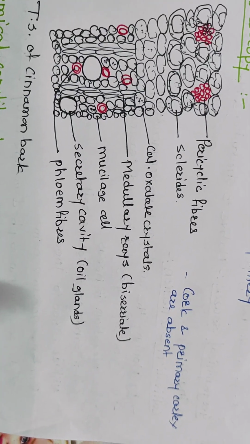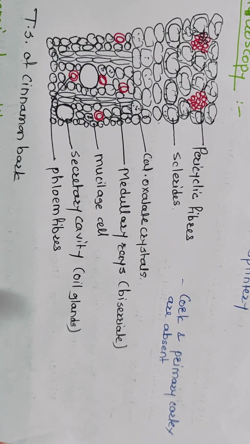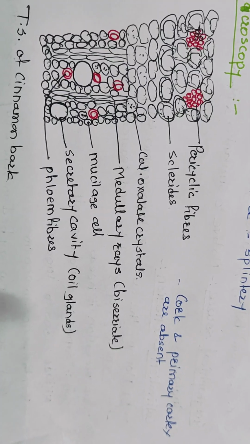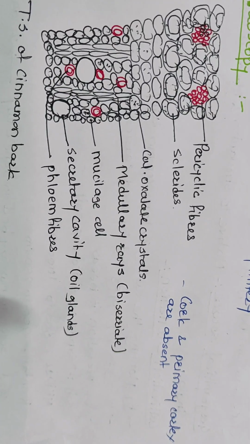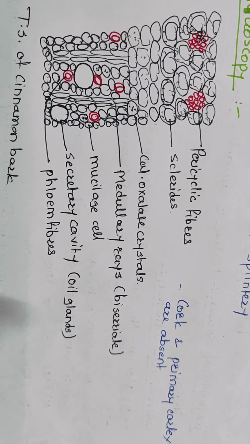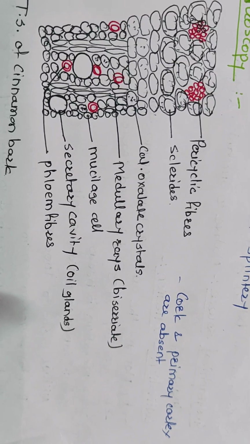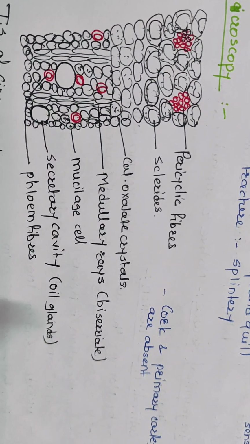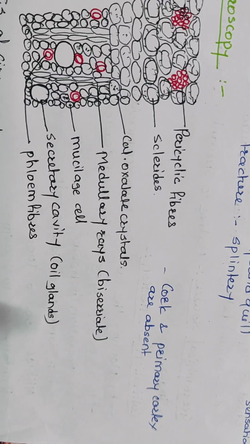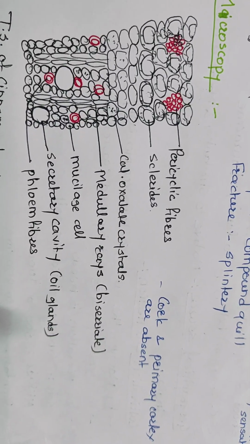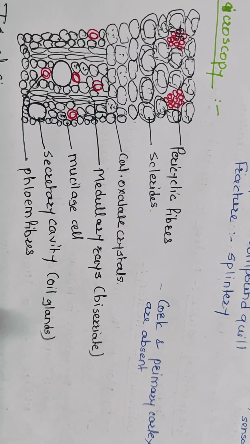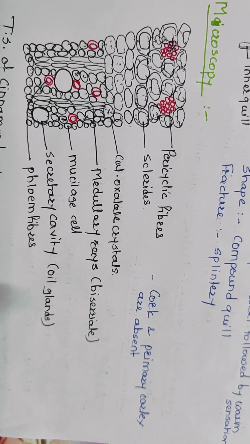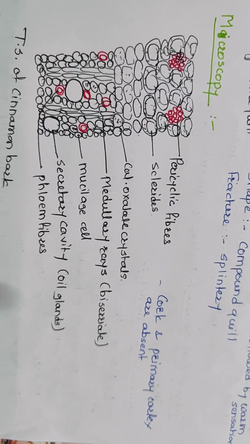Medullary rays are mostly biseriate, because there are two lines. Mucilaginous cells are also present. Secretory cavities are present in the stelar region; they generally contain volatile oils. Phloem fibers are lignified in nature, and cork and primary cortex are absent due to the fermentation process. So this is about the microscopy of cinnamon bark.